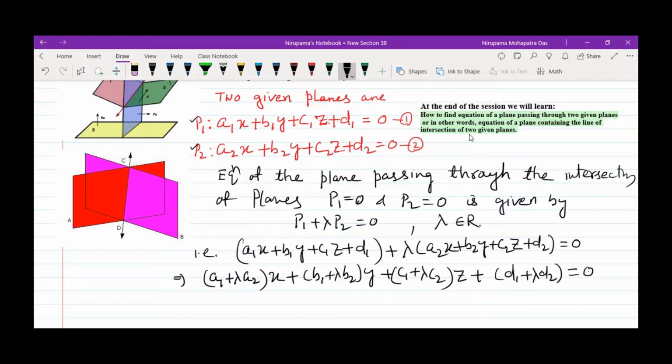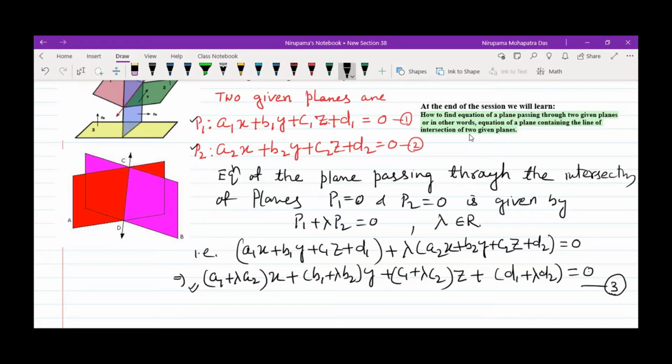Now this is a linear equation in three variables. As we know, any linear equation in three variables represents a plane. So equation 3, being a linear equation in three variables, will also represent a plane.